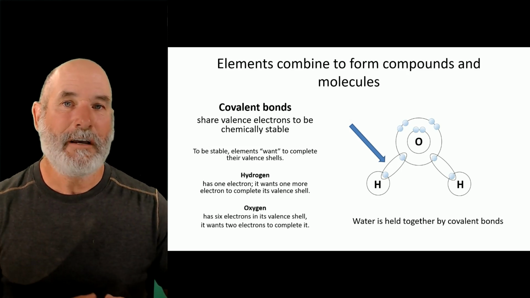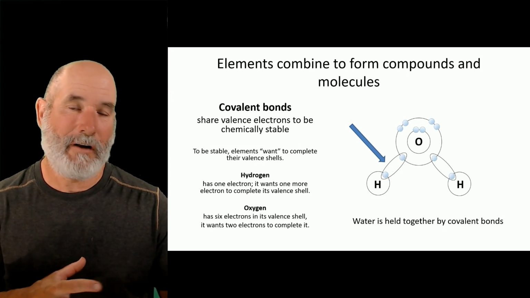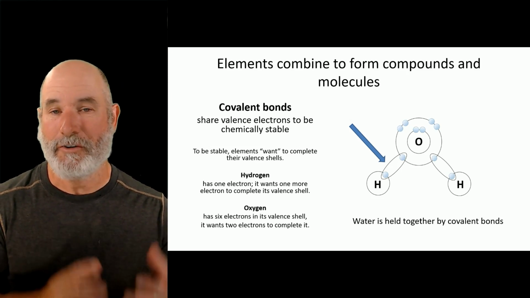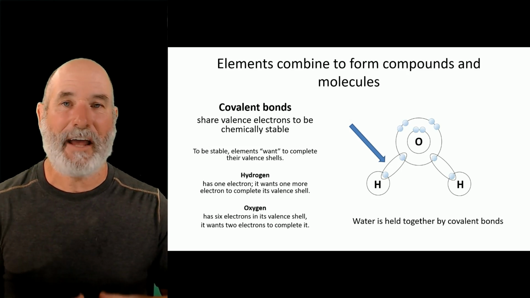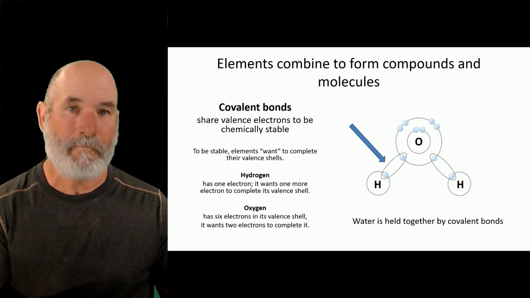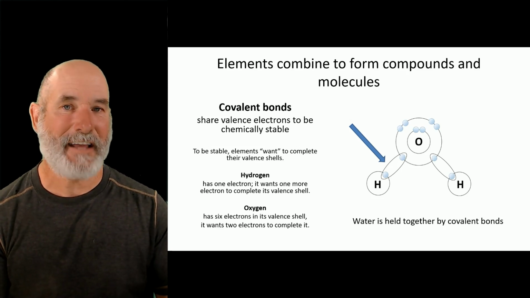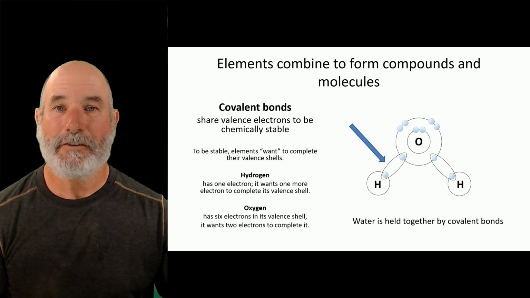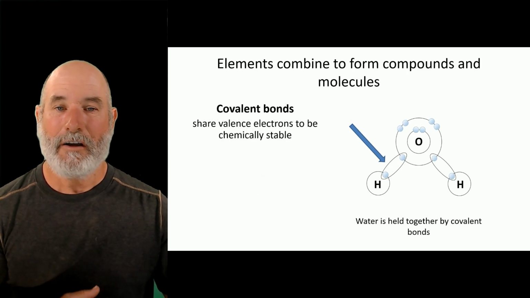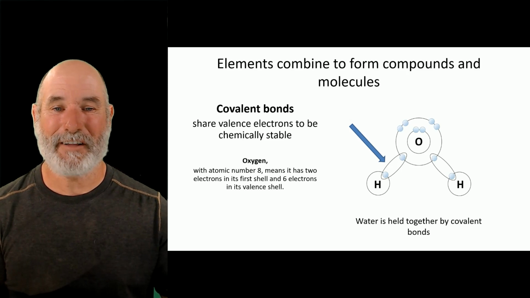Now, oxygen has the atomic number 8, and most of them are oxygen 16s. They've got 8 neutrons in there. But oxygen with the atomic number 8 means it has 8 electrons as well. 2 in the inner shell, which means it now has 6 in the outer shell. All right, so it needs 2 electrons to complete that outer shell. So what you do is you share your valence electrons.